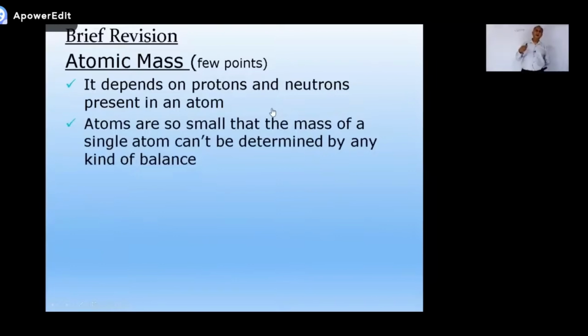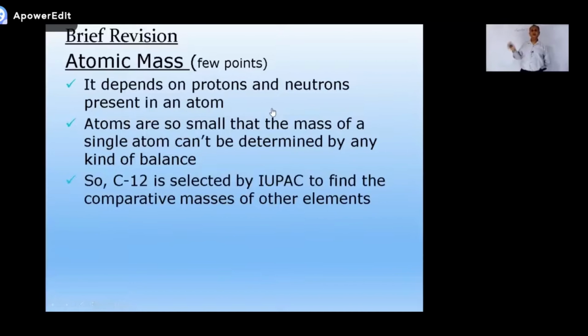This was all: mass is the sum of protons and neutrons. The second point is one single atom is so small that we can't find its mass by an ordinary method. That is why scientists chose carbon-12 to find out the masses of the other atoms. They divided the mass of carbon into 12 parts.